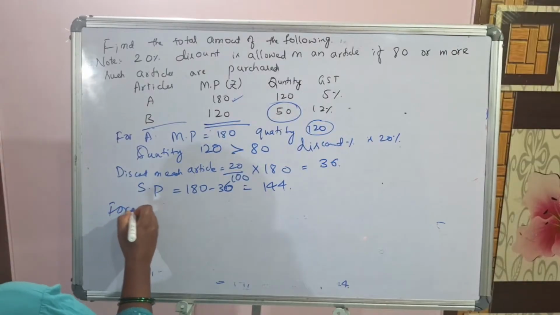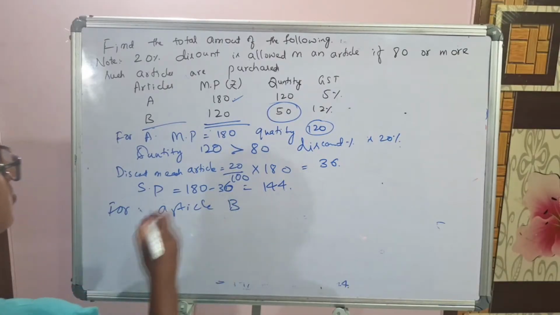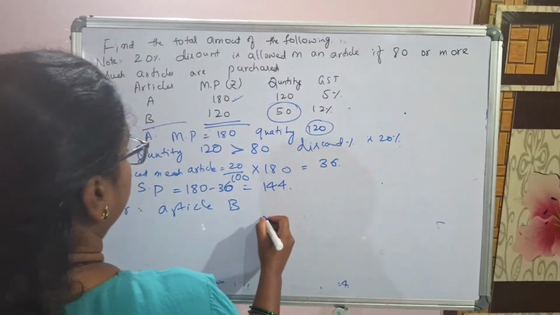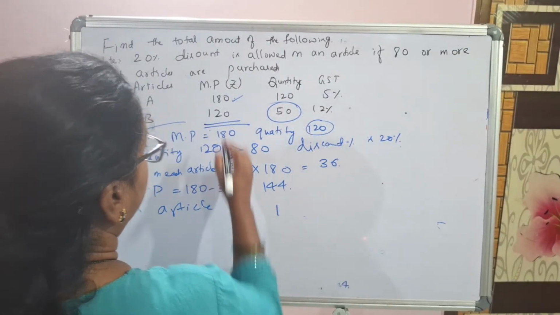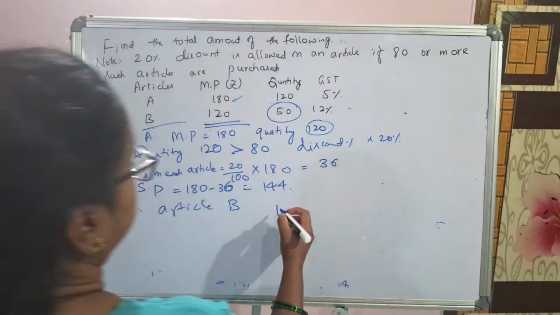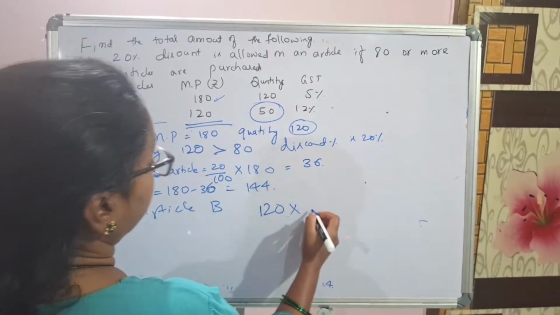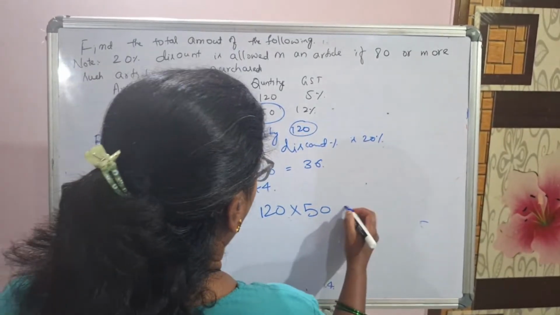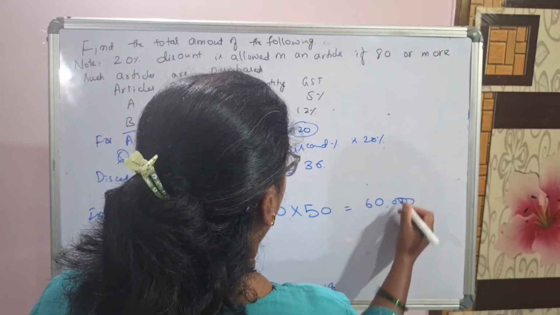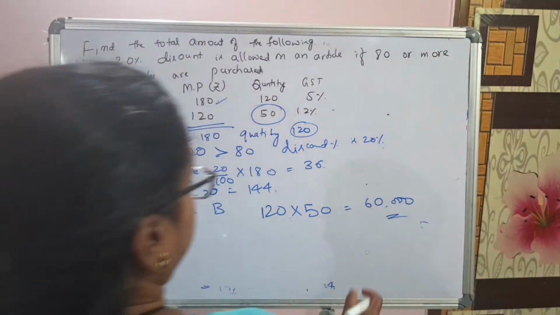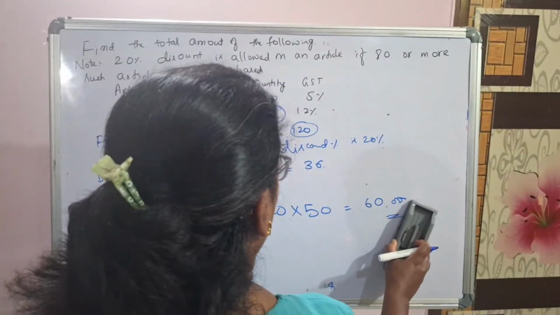For article B, the selling price remains the same. That means 120 into the quantity 50, that means 6,000.